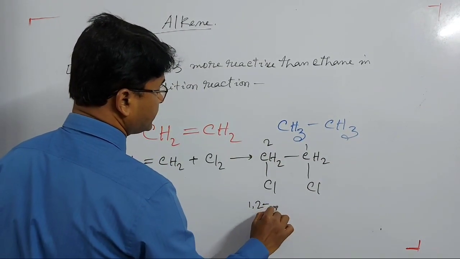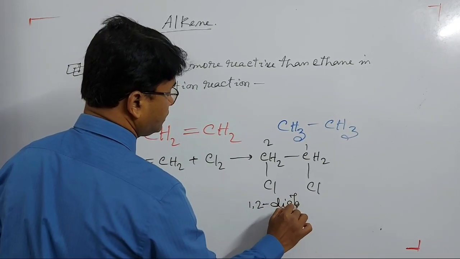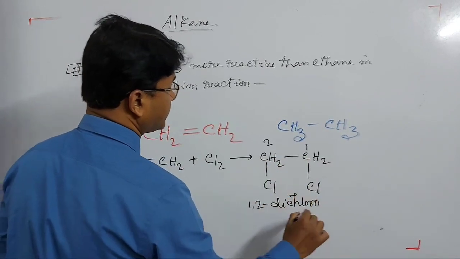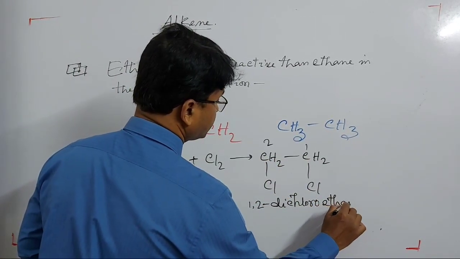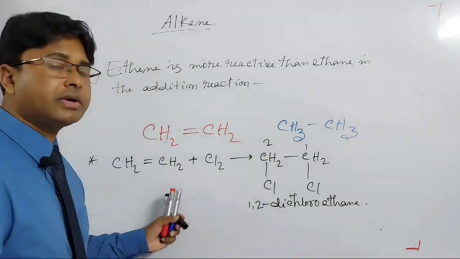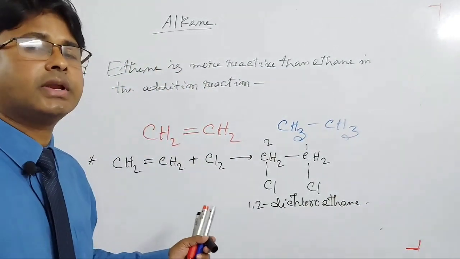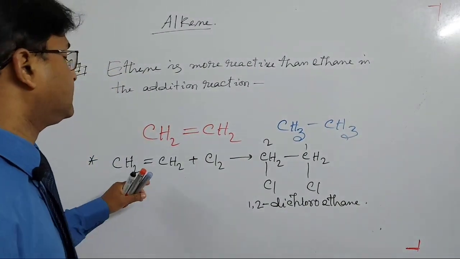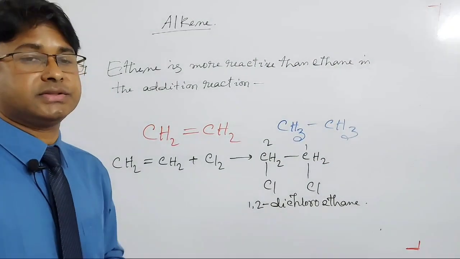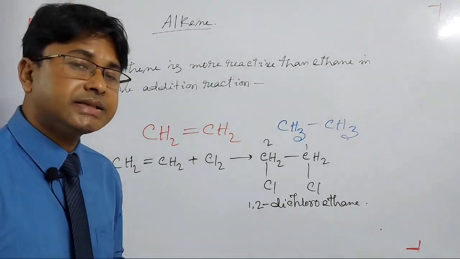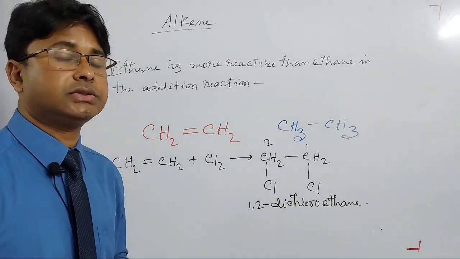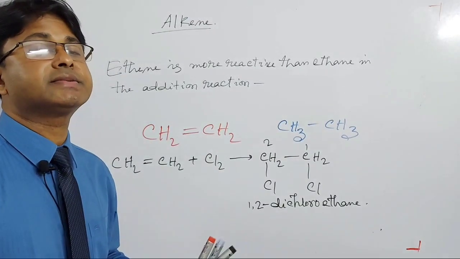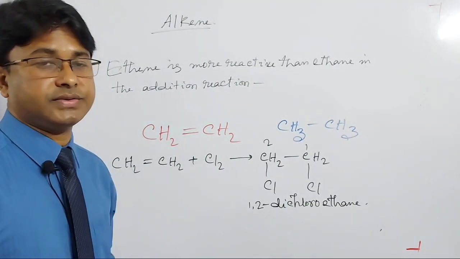There are two chlorine atoms, that's why it will be dichloro, and due to the two carbon atoms it will be ethane, so it will be 1,2-dichloroethane. And 1,2-dichloroethane actually looks like an oily substance, that's why alkenes are known as olefins.